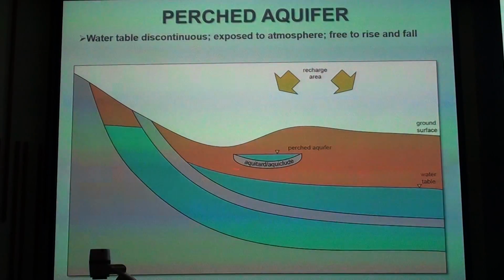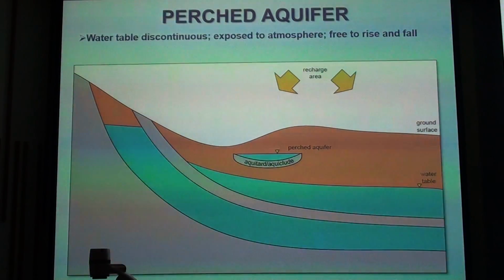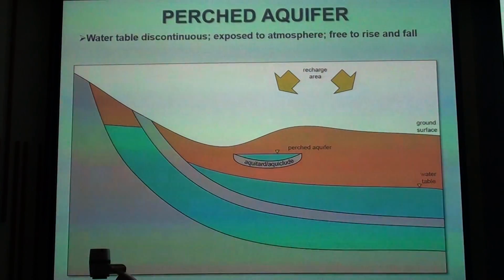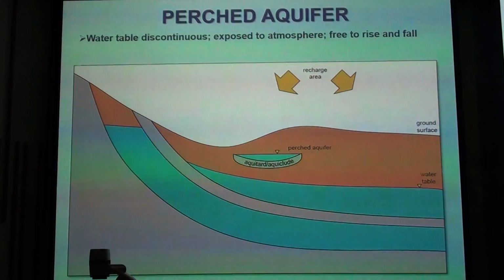So it's now forming this little wee aquitard, which is able to hold water, but you can see the amount of water it can hold is very small. And if you're going to pump that out, you're going to get rid of it pretty quickly.